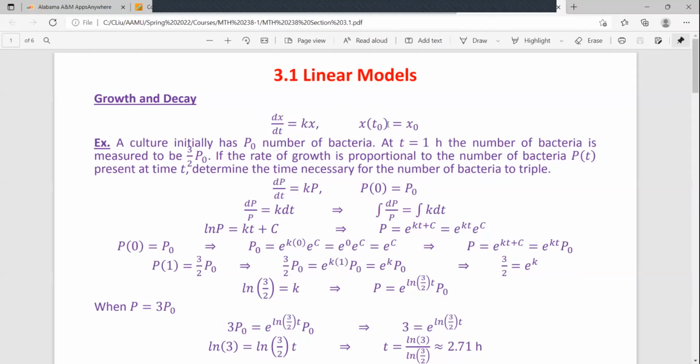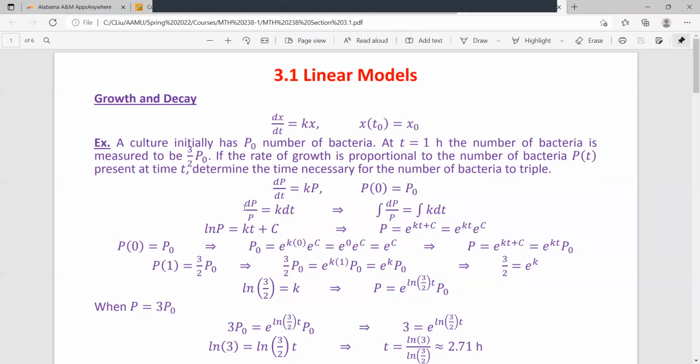We just solve it using the initial condition. If we use P for the population of the bacteria, then dP over dt equals kP, and the initial condition is P(0) equals P0. This can be easily solved as a separable equation.